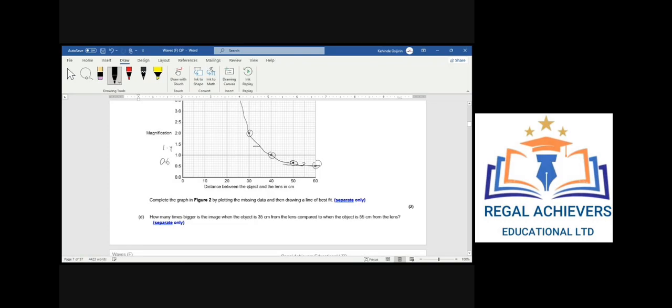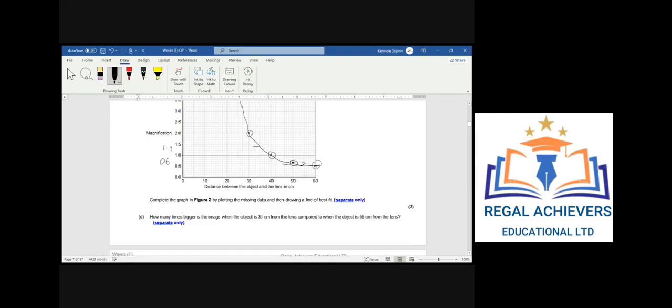So what do you need to do? You now find the difference, so that you know how much bigger it is going to be, because the question is how many times bigger is the image when the object is 35 centimeters from the lens, compared to when the object is 55 centimeters from the lens. They've already given you the magnification for the two of them.